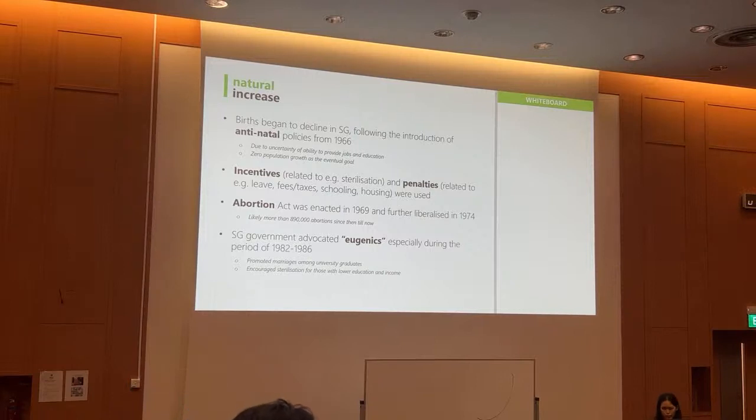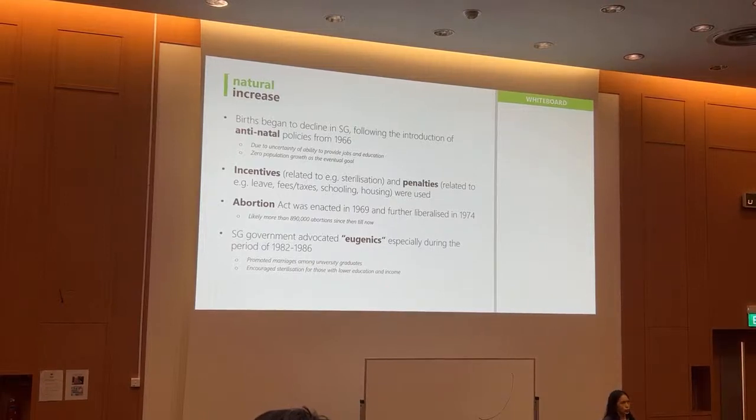But to be fair to the government, when the government tried to pinpoint policies like this towards the lower education and lower income people, the concern is not just directed at eugenics. The government was also looking at practical real-life considerations.